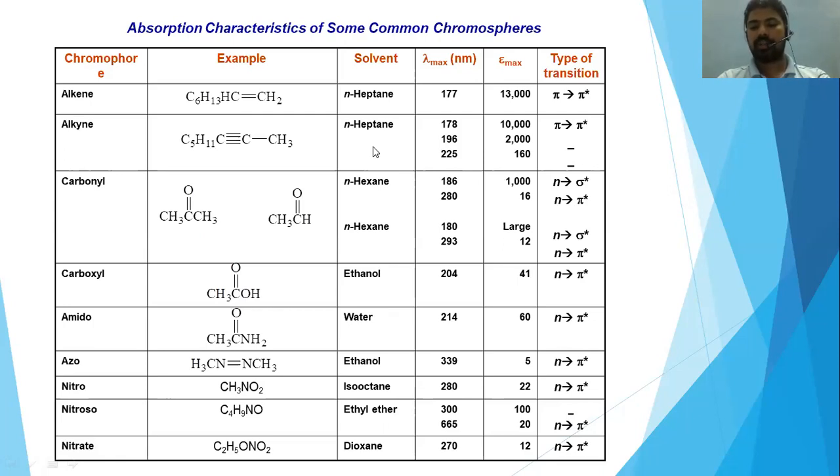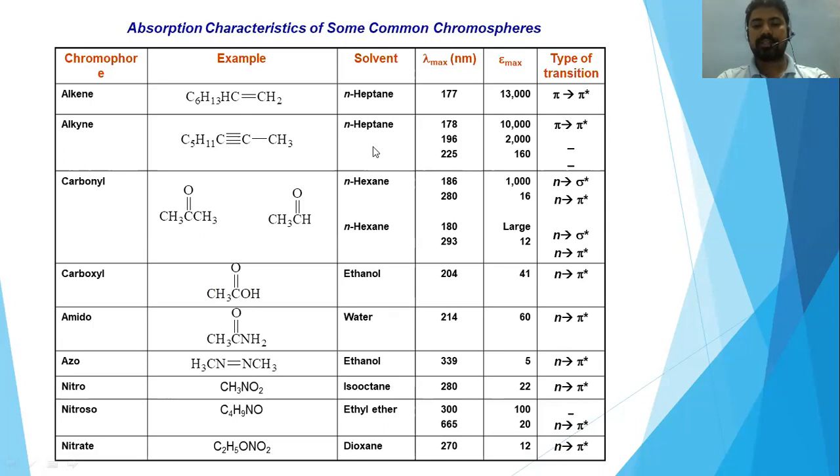Either it might be the sigma star anti-bonding molecular orbital or the pi star anti-bonding molecular orbital. So aldehyde will exhibit the n to sigma star transition at 180 nanometer wavelength value. The absorption intensity will be very large.